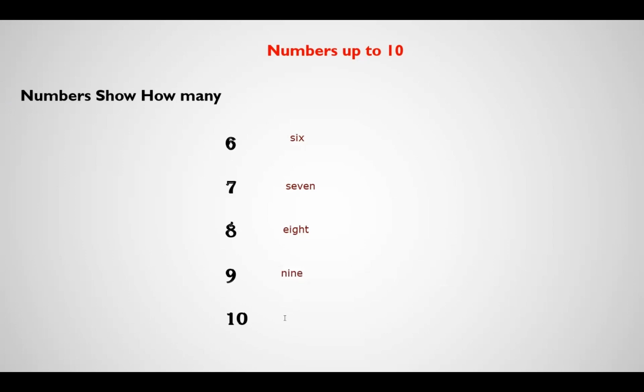And 10 is T-E-N. So these numbers, we can write them by digits, and digits means by numbers like here, and here is called by letters, like S-I-X. This is number 6 by letters.